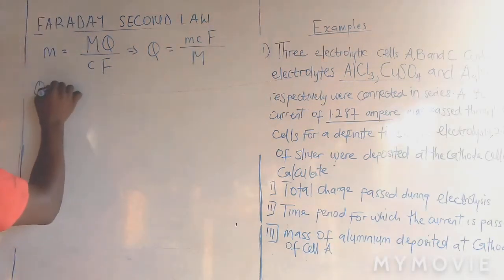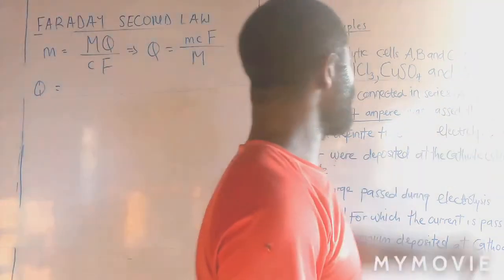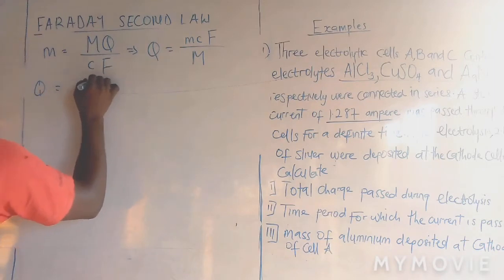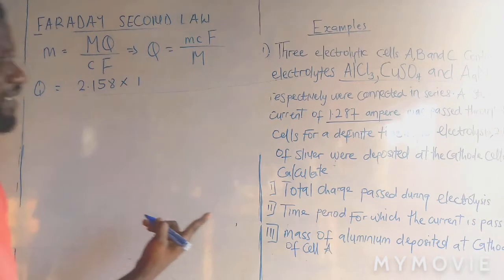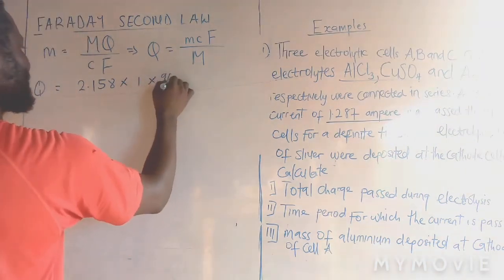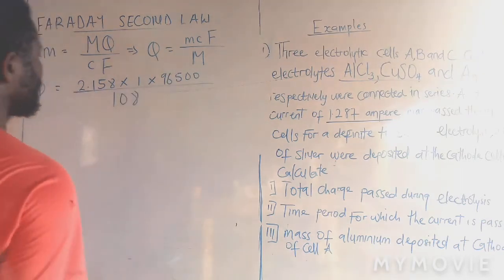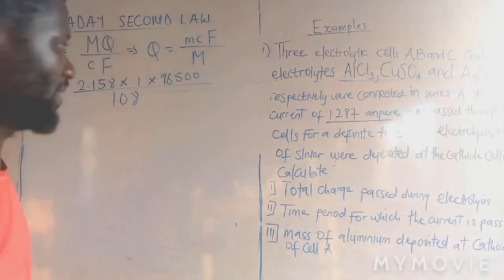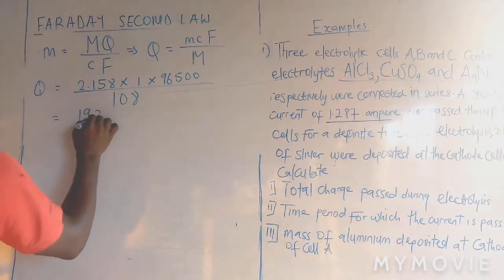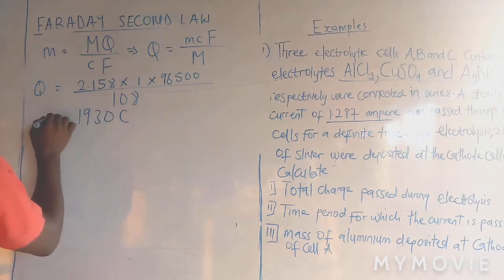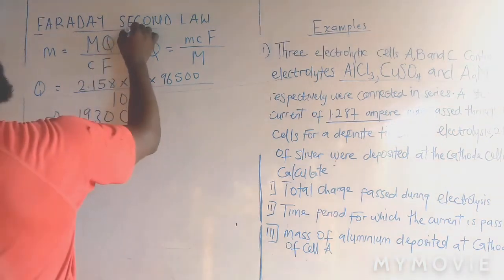So from there, Q is equal to, what is the mass given for the silver? The mass given for silver is 2.158 multiplied by 1, since the charge of silver is 1, multiplied by 96,500 over 108, which is the molar mass of silver. If we use our calculator, we are going to get 1930 coulomb approximation. This is the first question.